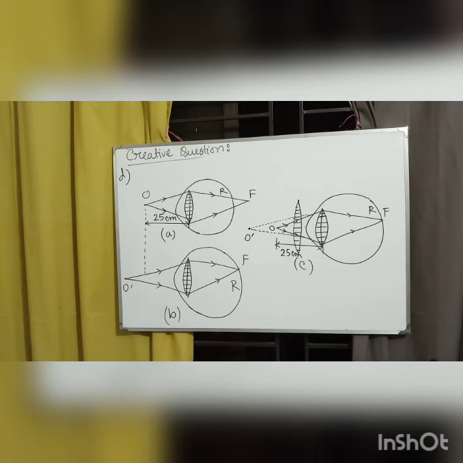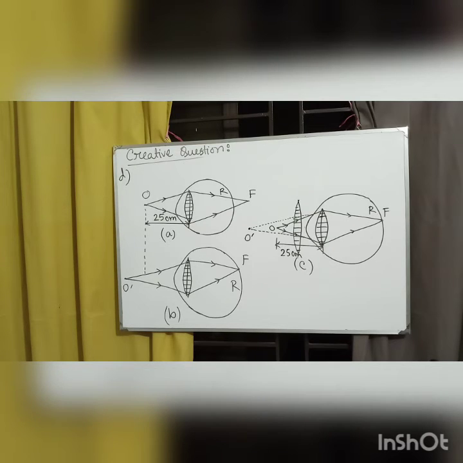You can see this phenomenon in figure A. For this reason, the eye cannot see the near object clearly. Then the least distinct point of this type of person becomes O prime, and that is seen in figure B.